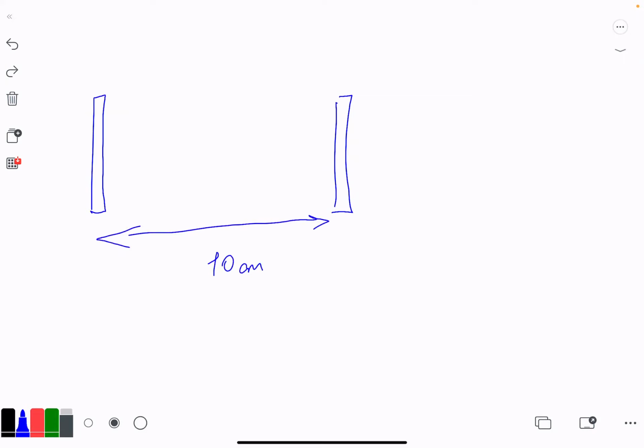Okay, so let's just look at it from one side, okay? The distance between them is 10 centimeters, right?